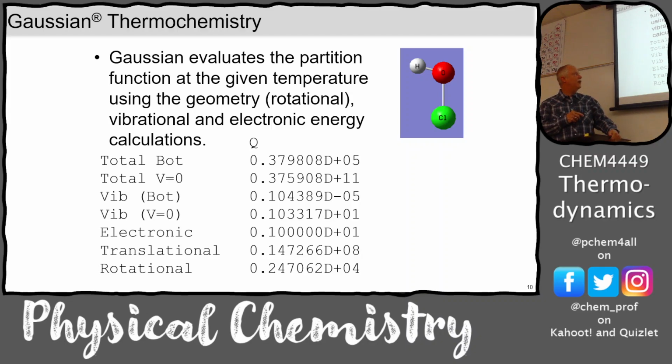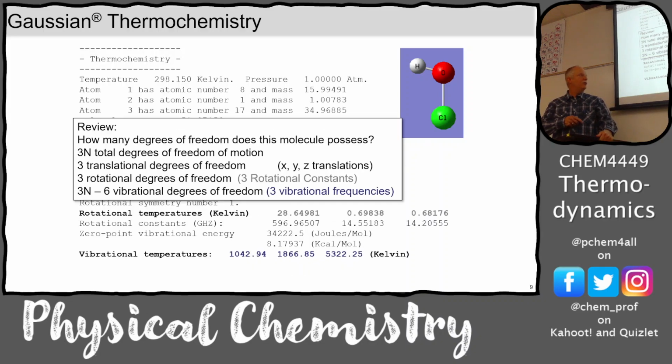And so if we take into account the vibrations, this would be with v equals 0 being our zero point energy, where we put zero energy. This would be the partition function. And you see it's not very excited because these vibrational temperatures were 1,000, 1,800, and 5,000. And what's room temperature? 298. So we're nowhere near populating these.